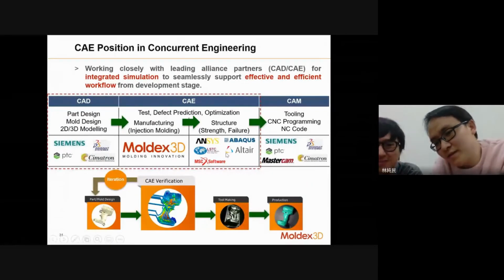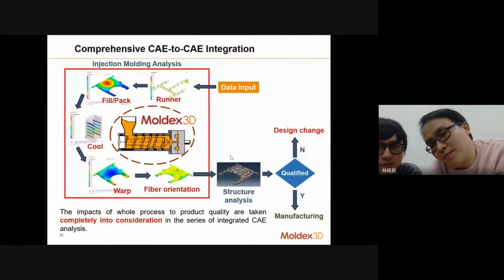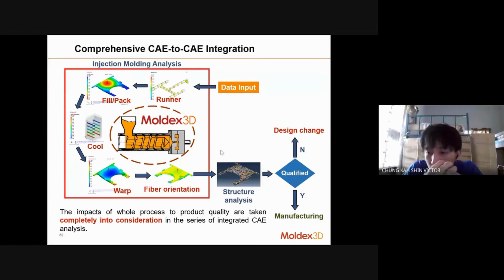And Moldexity has the bridge to connect them: we have one tool in our software that can output the results. So our results continue to the structural analysis, and in that software they just need to import the data and continue with the structural analysis. So yes, they will do it, but not in our part. It will be the next stage, but they take the data from us. That's the scenario.